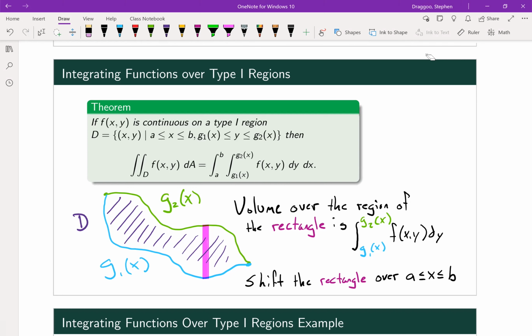And we say volume, it's kind of actually closer to an area. So the width of that rectangle is going to be dx.